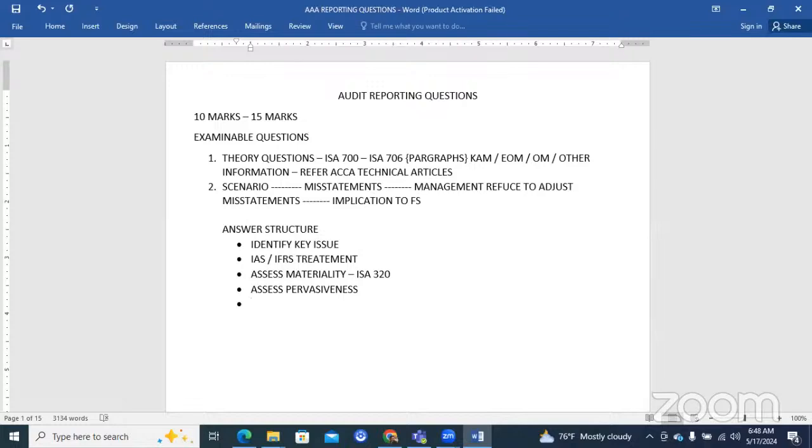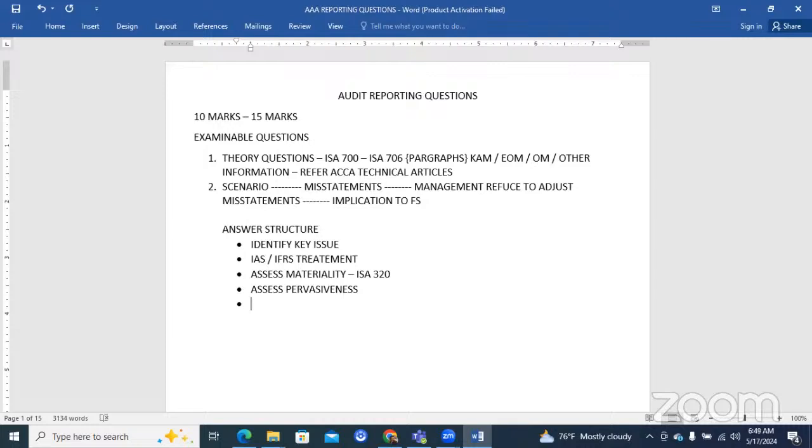Pervasiveness means the spreadedness to the financial statements. Certain misstatements will affect only a particular part of the financial statements, but certain misstatements can affect more than one part. That is what we call spreadedness. So that we should assess.